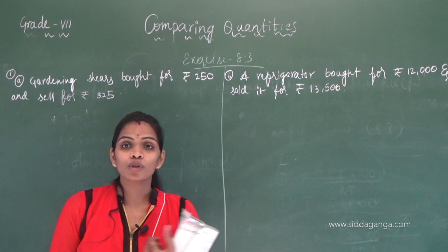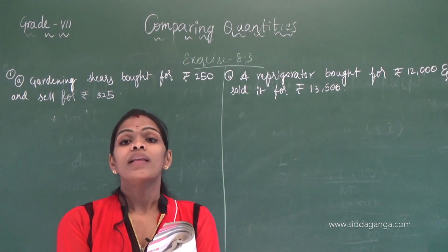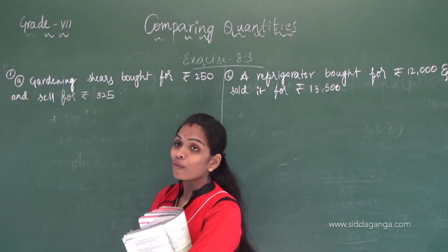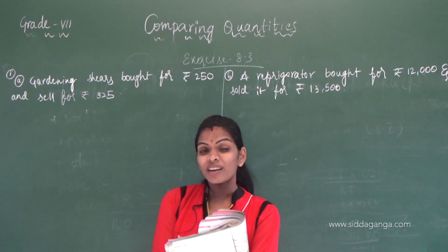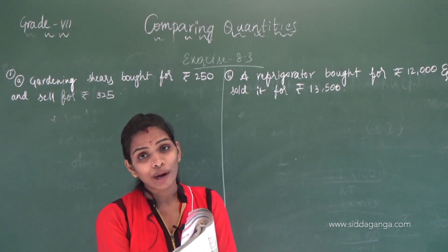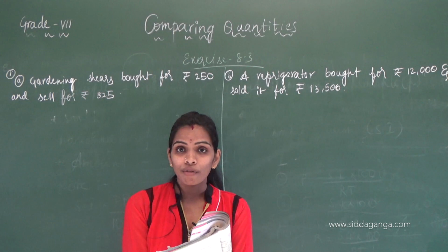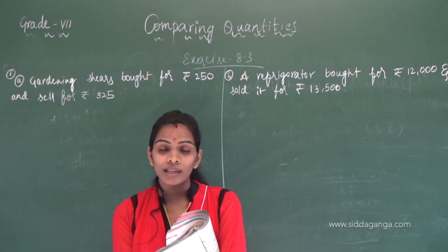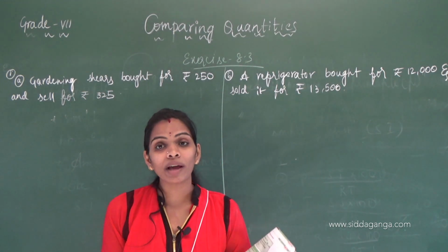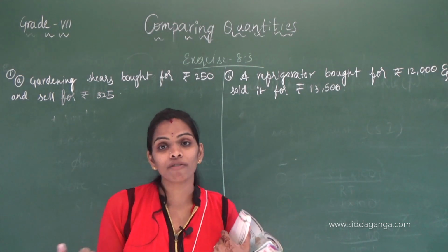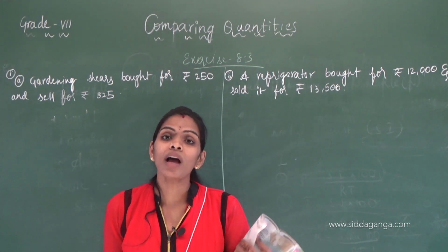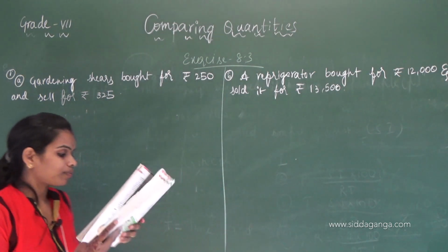They are giving some situations. According to the situation, we have to tell whether they are getting profit or loss, and we have to find the profit percentage. If it is a profit, we have to find the profit percentage, and if it is a loss, we have to find the loss percentage.